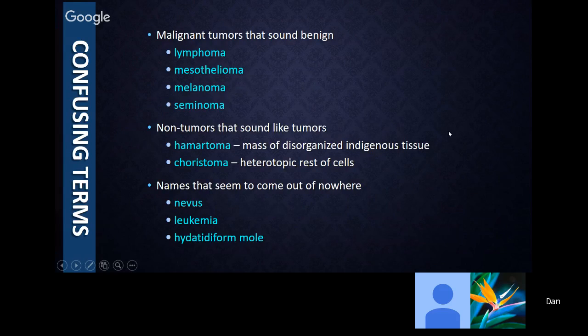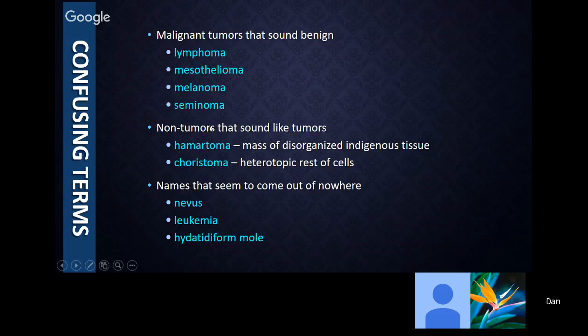Now, there are some names that are a bit confusing, because they look benign from the name you're given, but by now you're advanced enough to know that they are not that benign. For example, lymphoma, mesothelioma, melanoma, seminoma: all these are pretty aggressive types of malignancy.